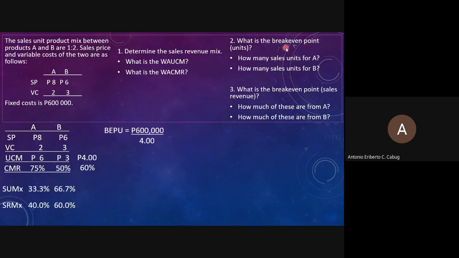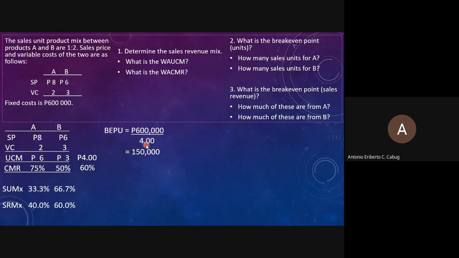Break-even point in units. How do you determine the break-even point in units? As I have told you, just divide the fixed cost by the UCM. 600,000 divided by 4, that would be 150,000 units.